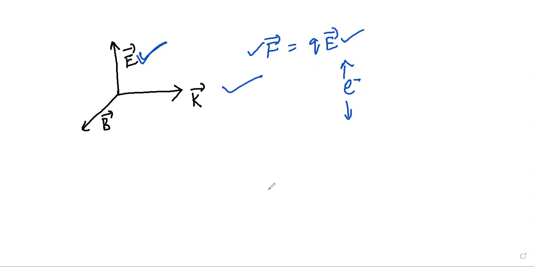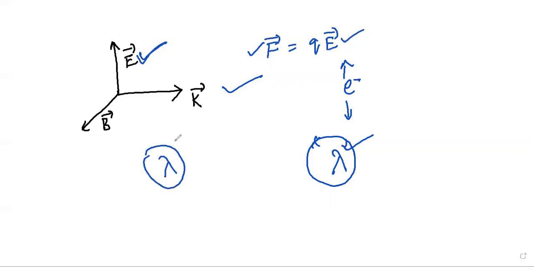So the classical picture of radiation predicts the presence of only one unmodified radiation, that is, only one value of lambda. This lambda is exactly equal to the lambda of the incident radiation, and we call this the Thomson component.